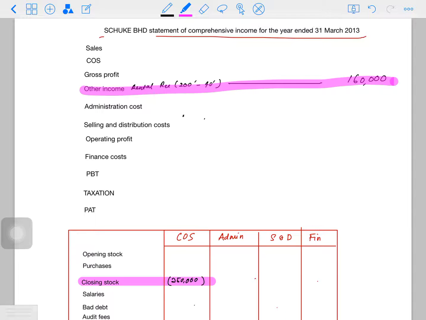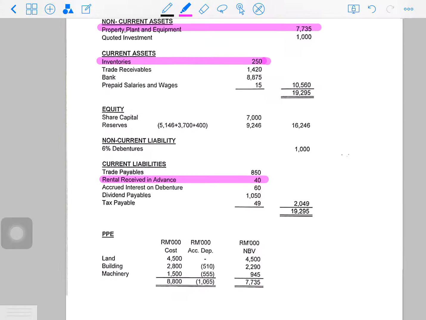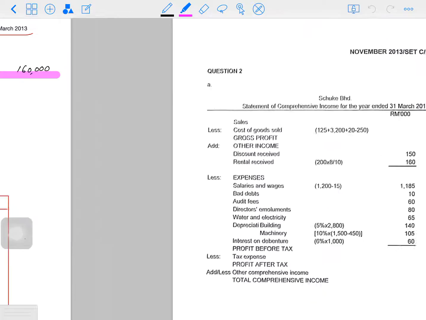And then the 40 will go into your financial position under liabilities. Okay, 40 rental received in advance.